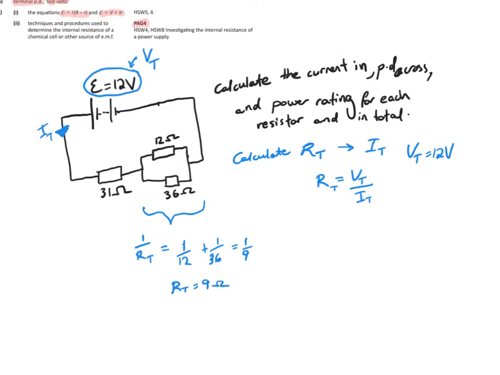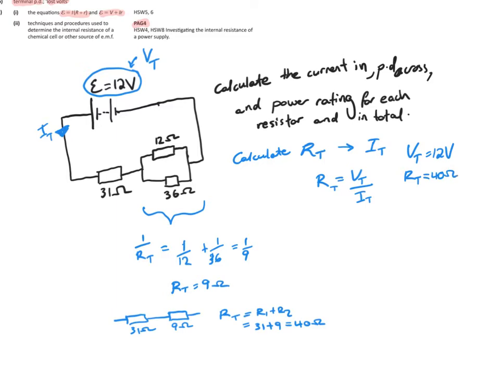So these two resistors together have a total resistance of 9 ohms, which means now I have my 31 ohm resistor in series with a 9 ohm total resistance of those two resistors. So this is a simple circuit, R total, since it is series, is R1 plus R2, which is 31 plus 9, which is a total of 40 ohms. So the total resistance in my circuit is 40 ohms.